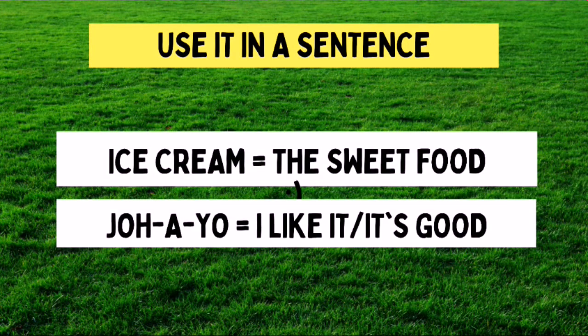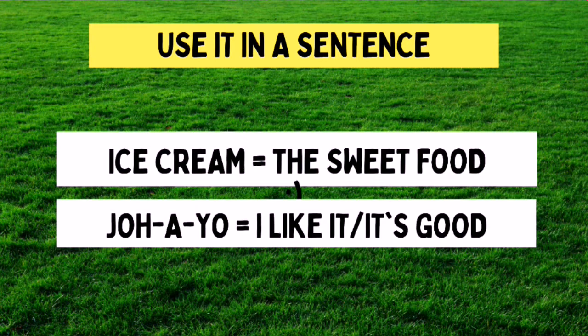And this is just the same ice cream we have in English, which is the sweet and cold dessert. But take note that they have adopted the word ice cream itself, but they somehow have a different way of saying it. Instead of saying ice cream, they say ice cream.